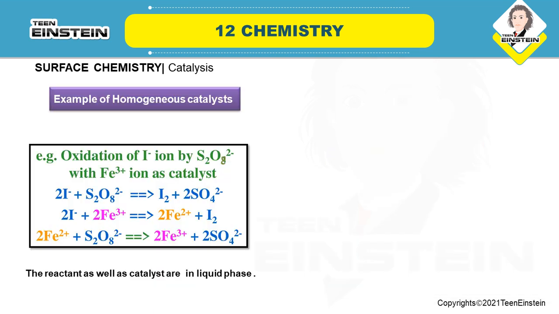We will see an actual example, because the previous picture is the general expression. Example of a homogeneous catalyst: oxidation of iodide ion by H2O2 (peroxydisulfate) ion, and the catalyst that we are using is Fe3+. The actual reaction is like this: I- is converted to iodine, and this ion is converted to sulfate ion.